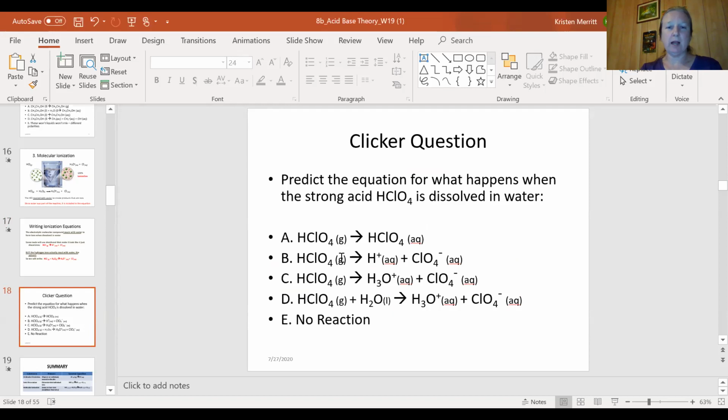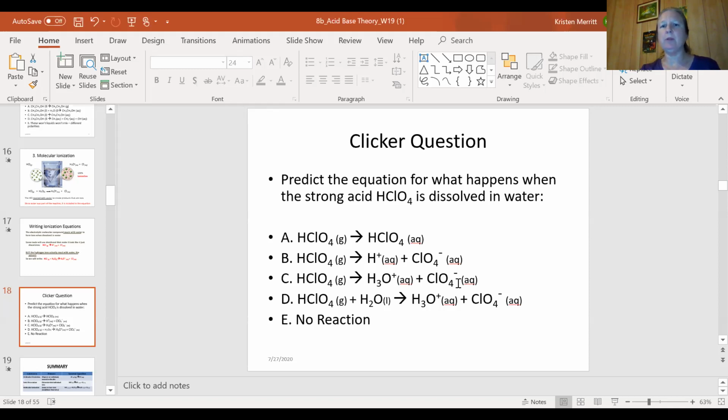Well, our starting is gas, so that's fine. All of our starting units are correct. There is a reaction, it's very strong. It's not a molecular dissolution. It's a chemical reaction with water. No, don't ever give me that. You are going to give me hydronium ion and perchlorate ion.